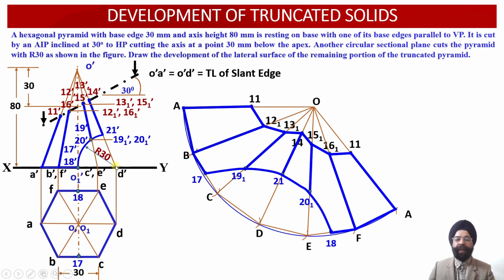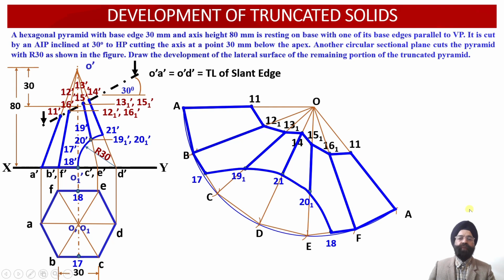Whereas the second cutting plane originates from the right hand side corner of the base and it is a circular sectional plane having radius equal to 30 millimeter and it passes through the base as well as the three slant edges of this particular hexagonal pyramid.